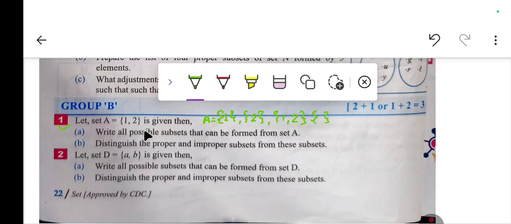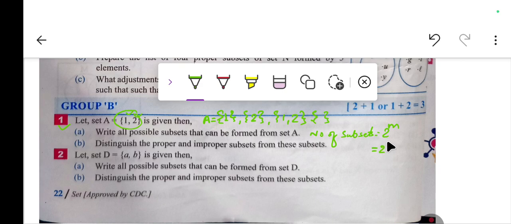How can we know whether we have four subsets or more than that? There's a formula to know the number of subsets. If the number of subsets is asked in the question, we can use the formula 2 to the power m. Somewhere there is n, somewhere there is m, both have the same meaning. Here m refers to the number of members, the number of elements present in the set. How many elements are there? 2.